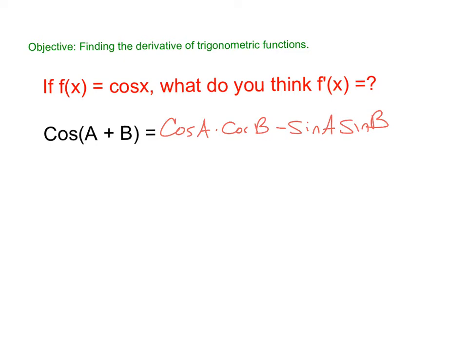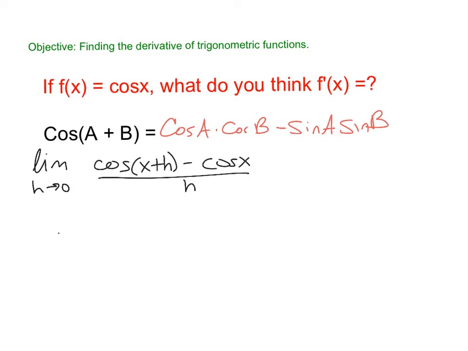Now we need that because whenever we find a derivative, we always go back to the definition, right? The limit as h approaches 0. We're doing cosine x, so cosine of x plus h minus cosine of x all over h. Okay. So what we're going to do is replace cosine of x plus h with this whole thing.